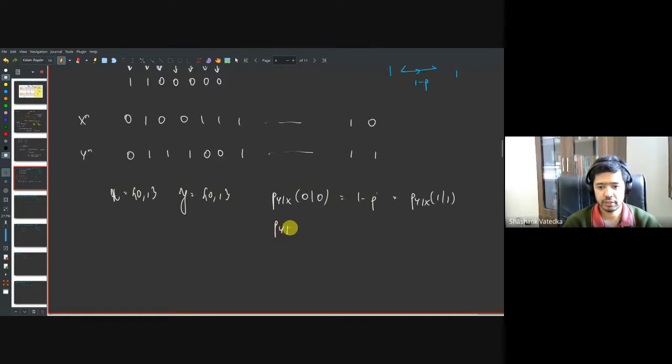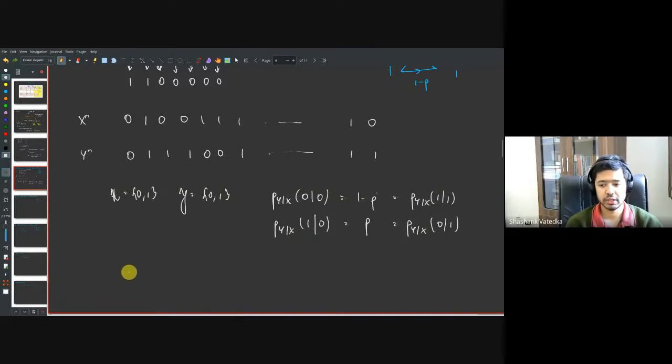And the probability that it is flipped is p, P of y given x of 0 given 1. Right? So this completely specifies the channel.